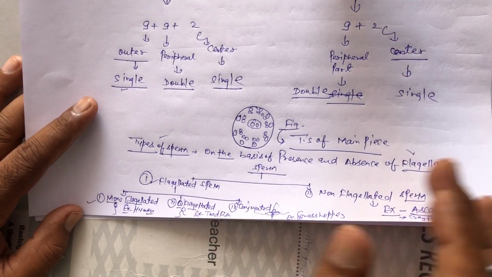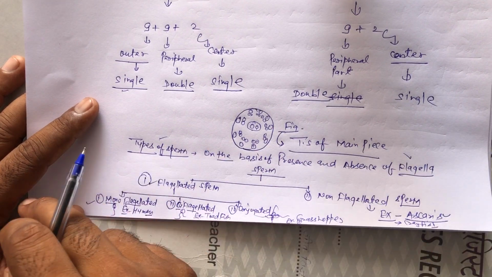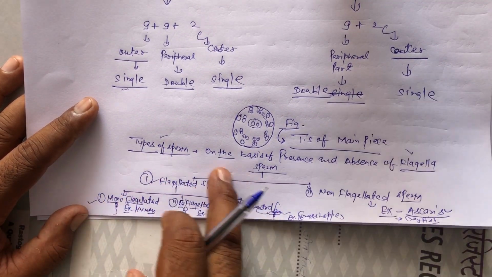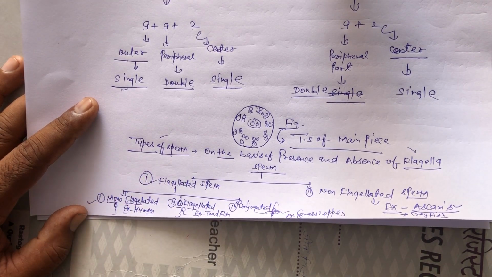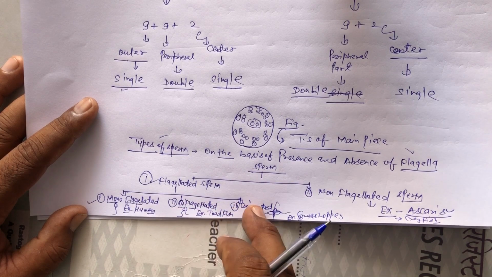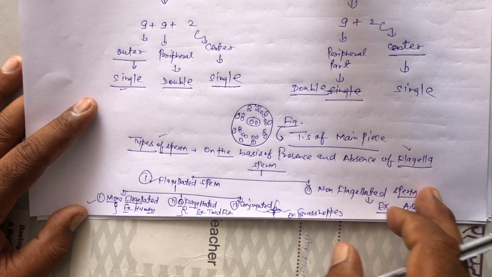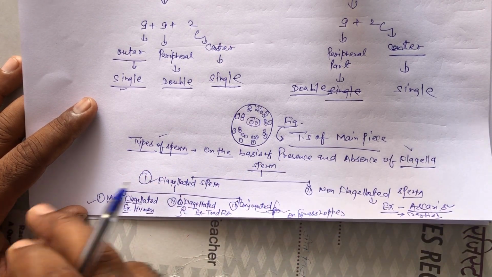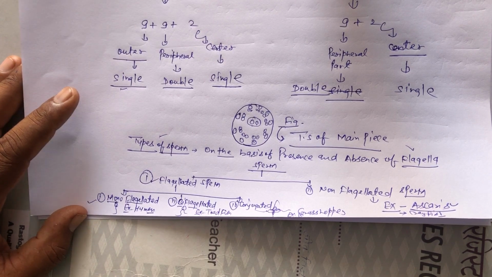Once again, types of sperm: flagellated and non-flagellated, on the basis of flagella. Monoflagellate, human sperm. Biflagellate, 2 flagella. Conjugate, 4 properly bound, in a battery or boat shape. Non-flagellated means flagella absent, so this type of sperm moves by amoeboid movement. Thanks.